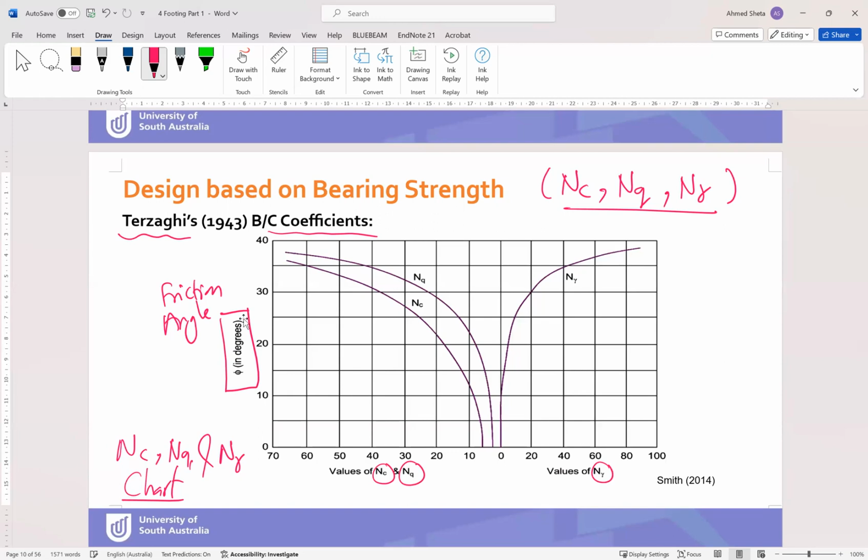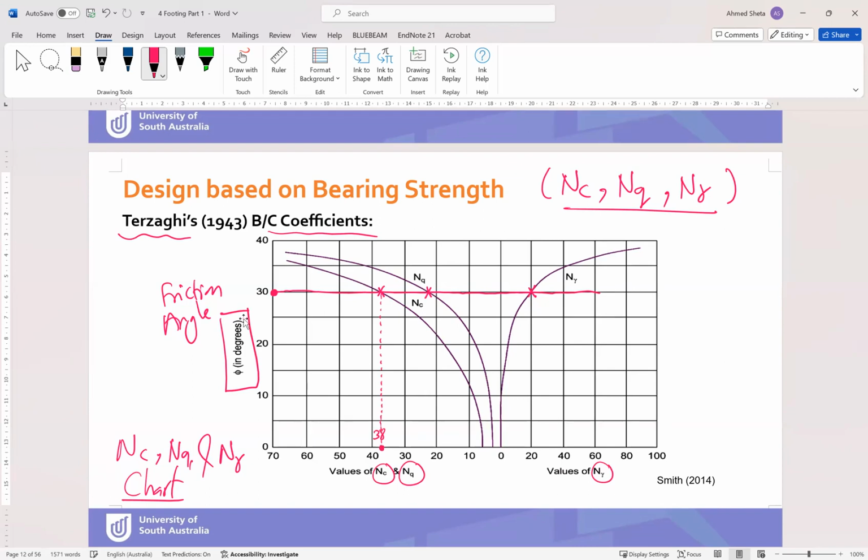So using phi, for example, if we have phi equal to 30, you go horizontally like this. So you will cut these three charts or three curves. The first curve is Nc. If you go down like this, you can find the value of Nc. So for example, Nc equal to 38.